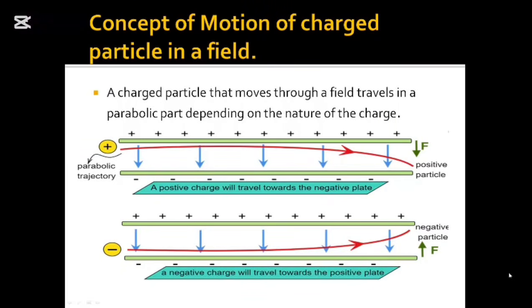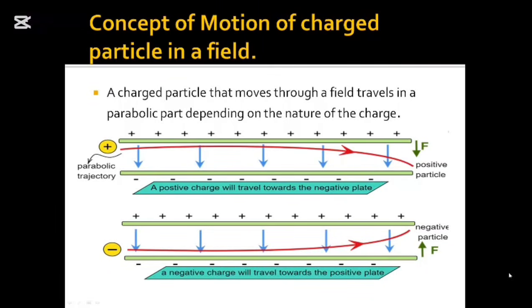So it's either the charge is being attracted or being repelled. So it's hard to have a charged body moving in a straight line in a field. So it moves in a parabolic path. That is the description of the movement of a charged particle in a field.